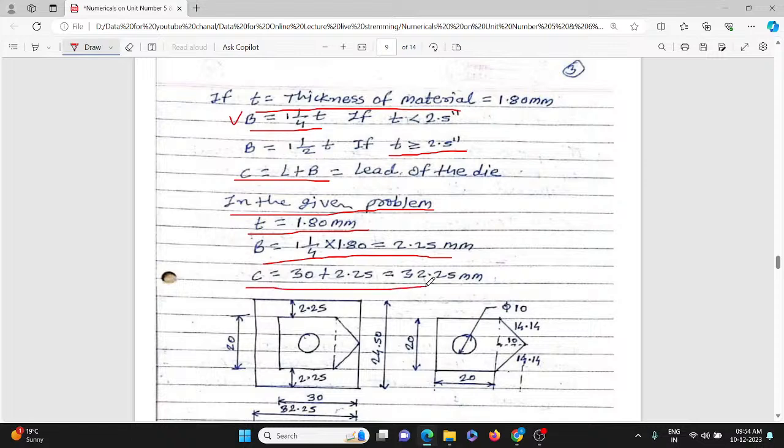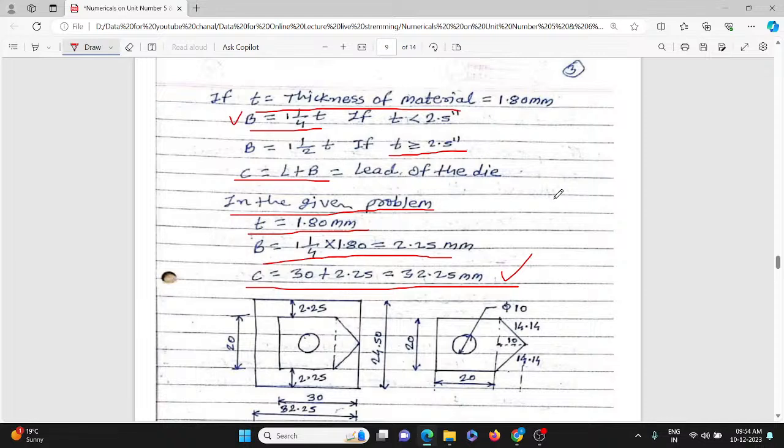Again we can calculate C, that is C equals L plus B. L is given, that is 30 mm. So 30 plus 2.25 is equal to 32.25 mm.